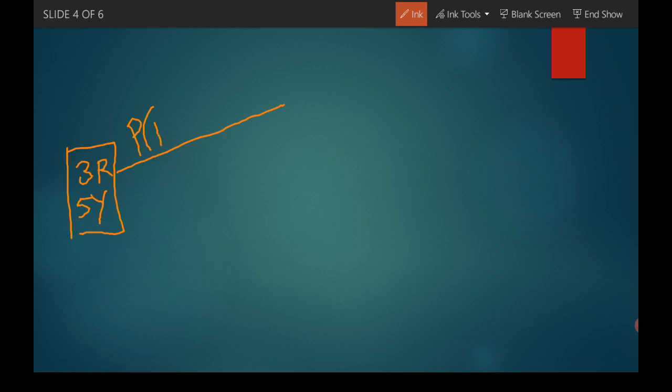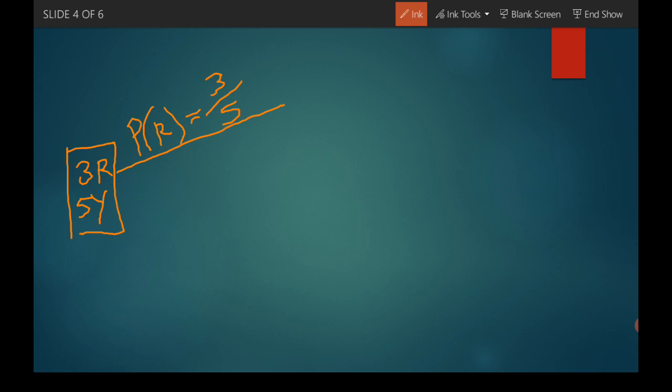And I can draw my box here. Assuming that I have my box here, I'm going to assume that the red is represented by R. So we have 3 red balls in the box and then 5 yellow in the box. So if I pick out a ball, what is the probability of picking out a red ball? Remember, probability is equal to the number divided by the total. So that probability will be equal to 3 reds divided by the total, which is 8.